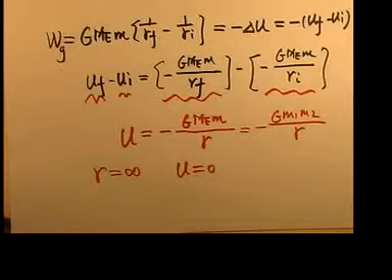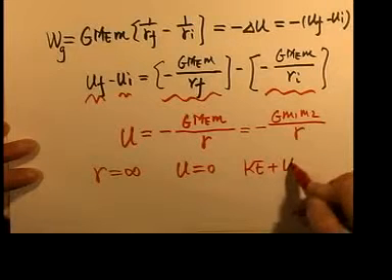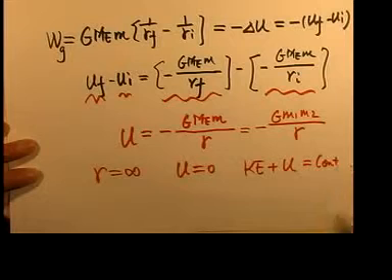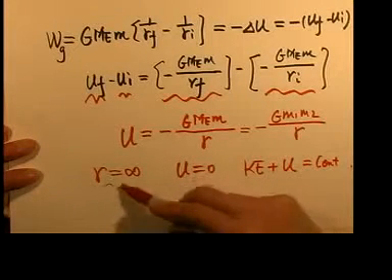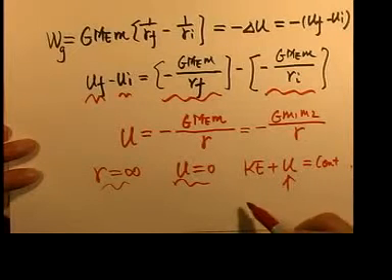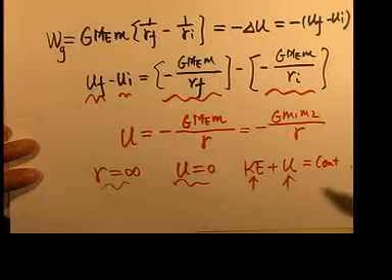Then the total mechanical energy is kinetic plus potential. If it's a constant, then initially, when a particle is infinitely far away, U equals 0. And kinetic energy initially is also 0 because the particle does not move.